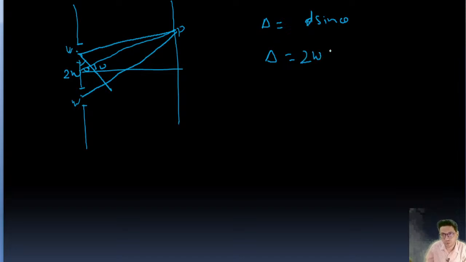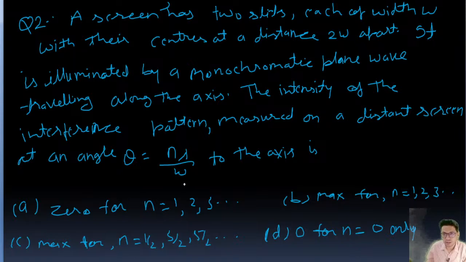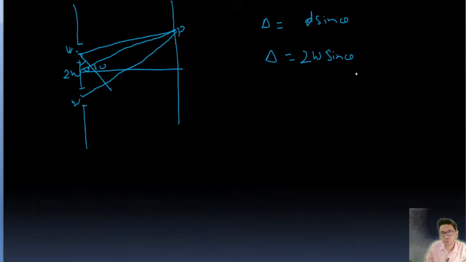Okay, 2w, and this is sine theta. Guys, this is w, not omega. So this is 2w sine theta.